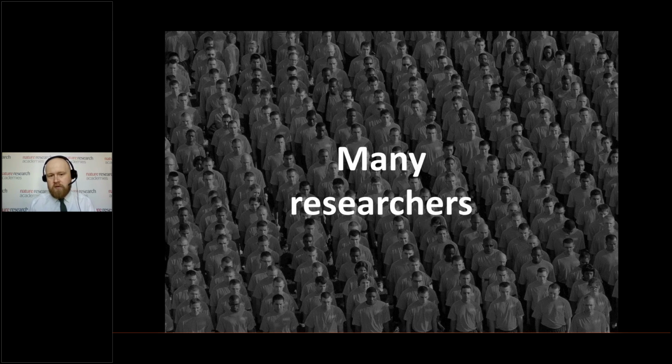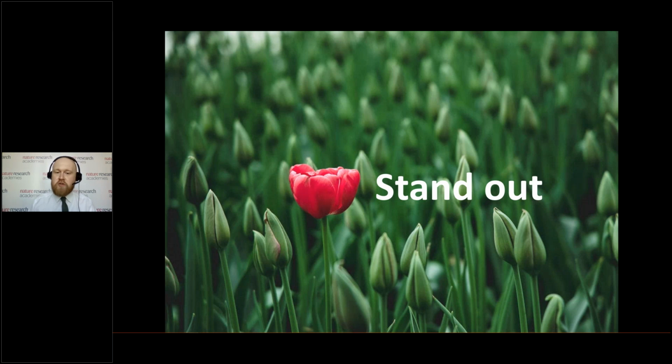Okay, so what does this mean for you? Well, it means when you apply for funding, you need to make sure that your proposal stands out. Your proposal needs to be better than all of the other proposals that are being submitted. So we need to spend time understanding what the funding agency is looking for when evaluating your proposal. Okay, we need our proposal to be competitive.